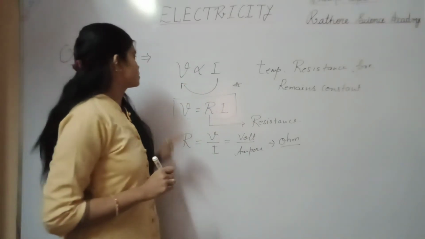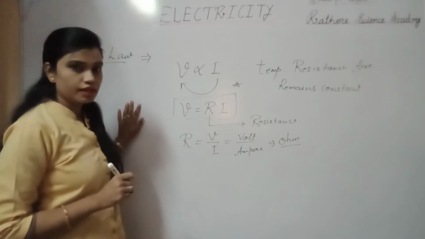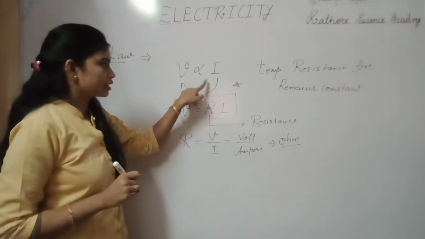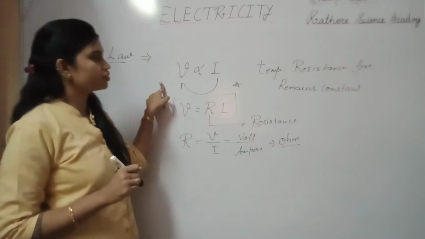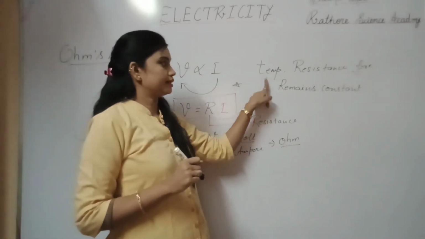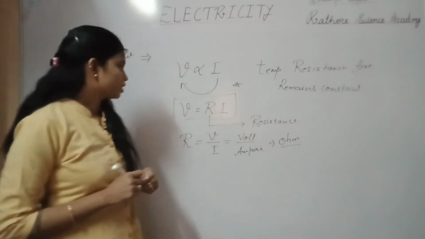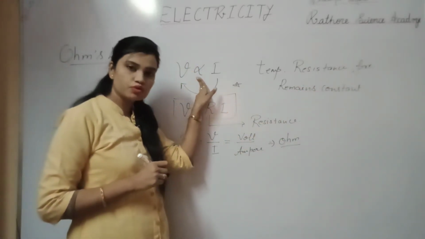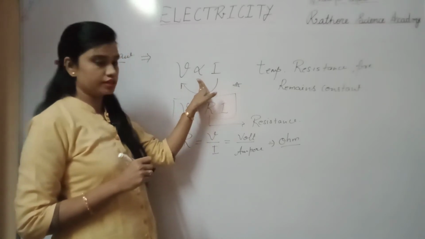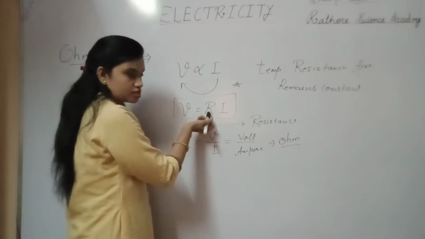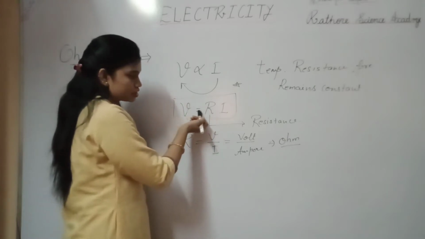What we have discussed about Ohm's law: current is directly proportional to potential difference when all physical quantities like temperature, pressure, resistance remain constant. When we remove this proportionality sign, we get a constant, that is R, resistance, so it becomes V is equal to RI.